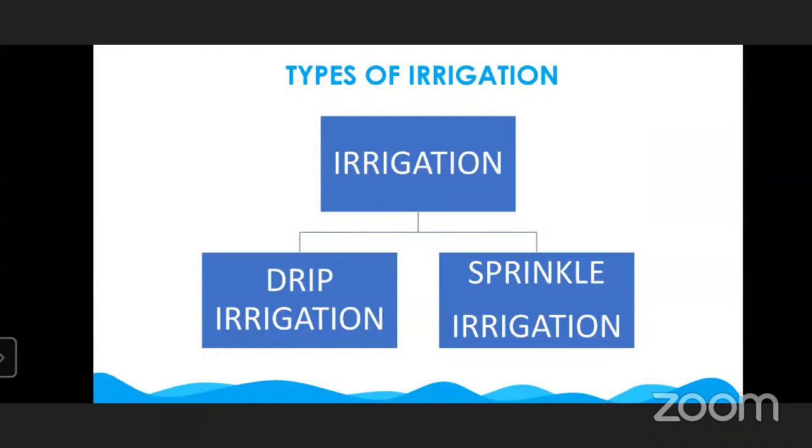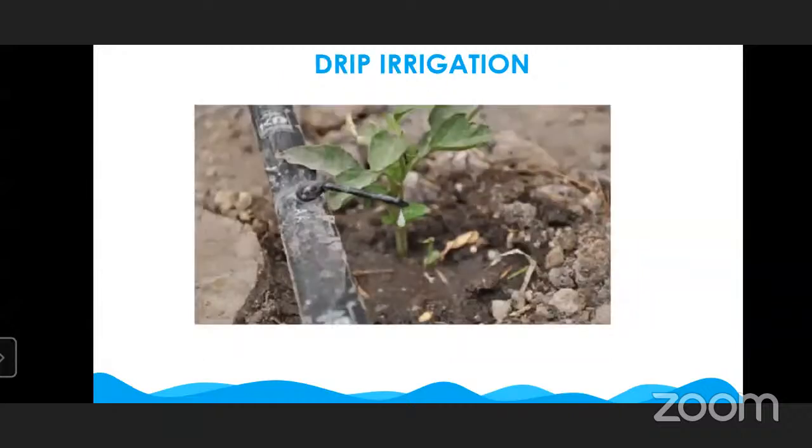Now, these are the types of irrigation. You all know that the first type of farming is irrigation. And these are the two types of irrigation. We see in the field, that is drip irrigation and sprinkle irrigation. We will see these irrigations one by one. First one is drip irrigation. See that picture?